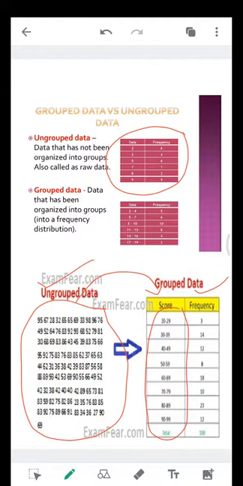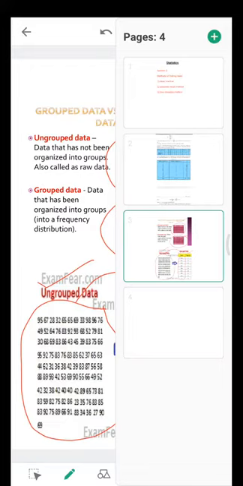So we need to group data if the data is very large. You can see the example here. So today we are going to learn how to find the mean of ungrouped data as well as grouped data. So let's come to the question now.